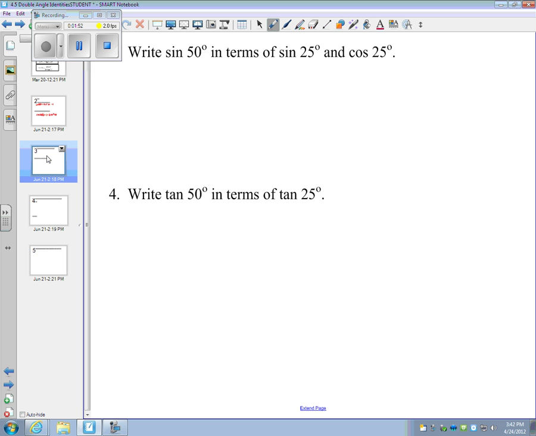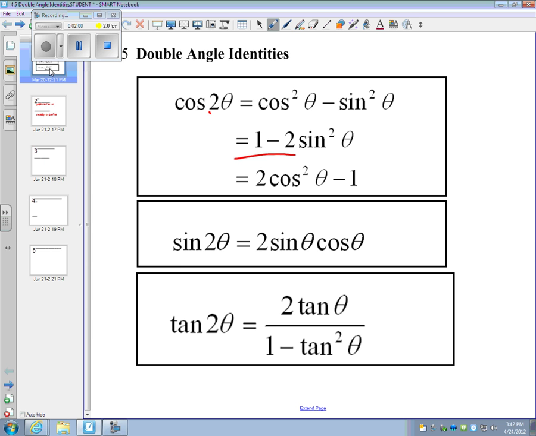Next it says write sine 50 in terms of both sine and cos of 25. So looking at those identities, sine of 50, we're going to use this one. So sine of 2 times 25 is equal to 2 sine 25 cos 25.